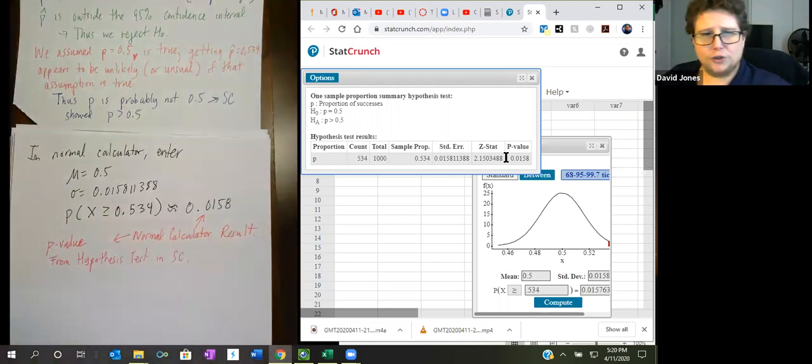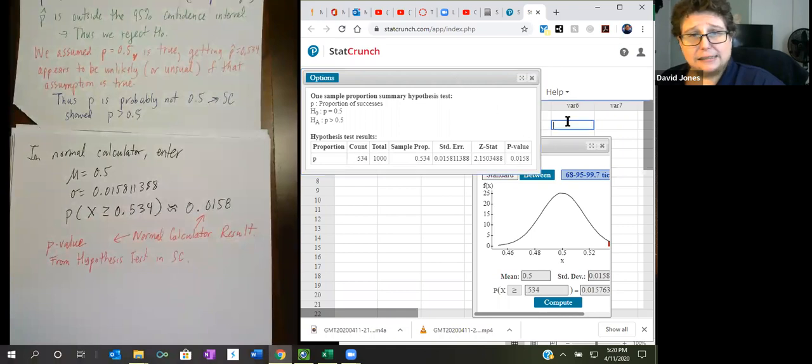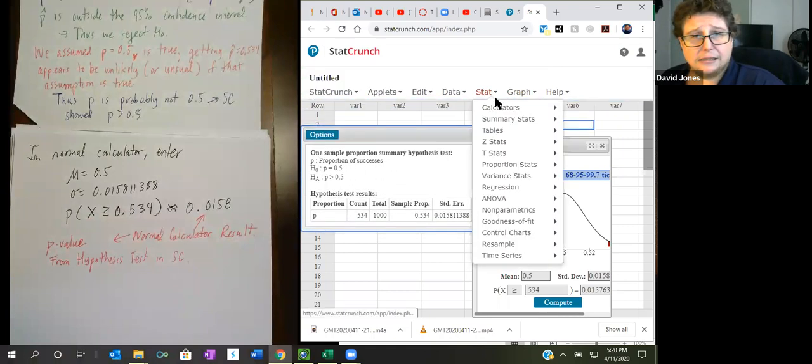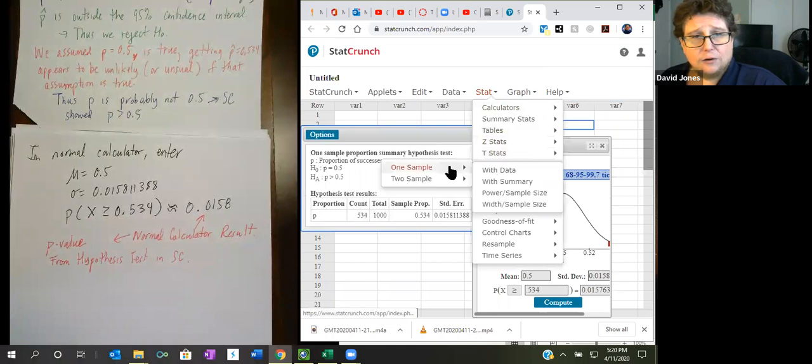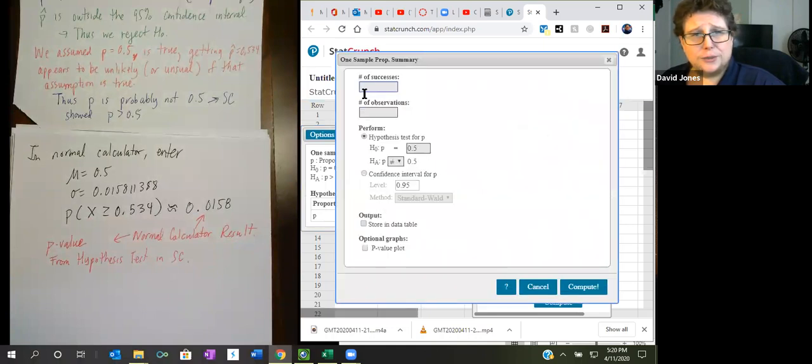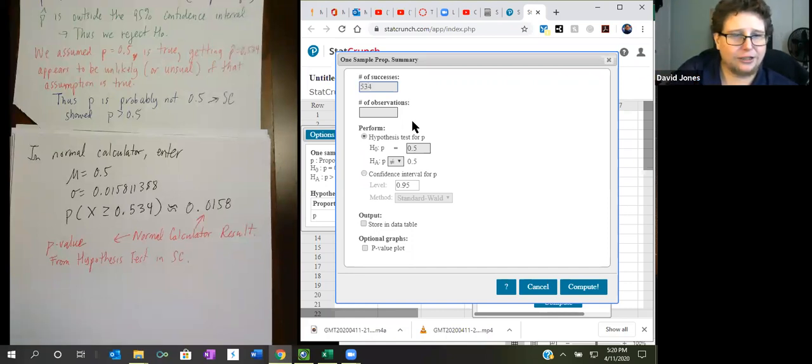So the whole stats, proportion stats, one sample with summary is really just designed to speed up the whole process. You don't need to enter the stuff in the normal calculator or calculate p-hat, it just spits it all out for you at once. Let's do that same thing and look at the confidence interval.